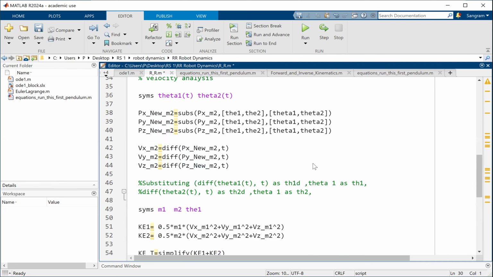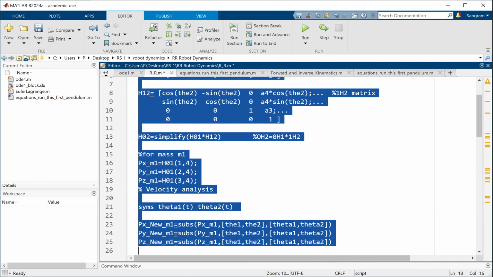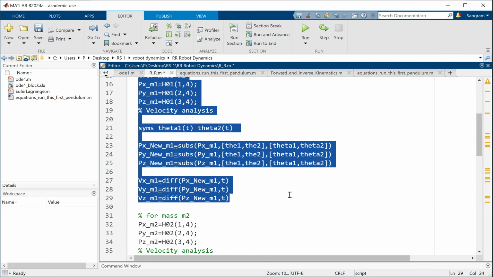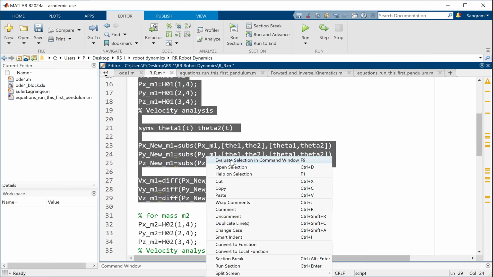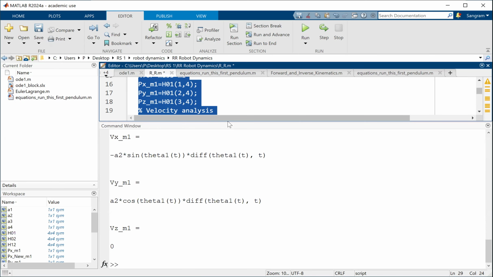Okay, now what I'm gonna do is I'm gonna run this code. And what I want you to observe, first let's just do it for Vx, M1, and see if this matches the answers that we have found out. Now, can you see the velocities Vxm1, Vym1 and Vzm1, they are similar to the answers that we got.